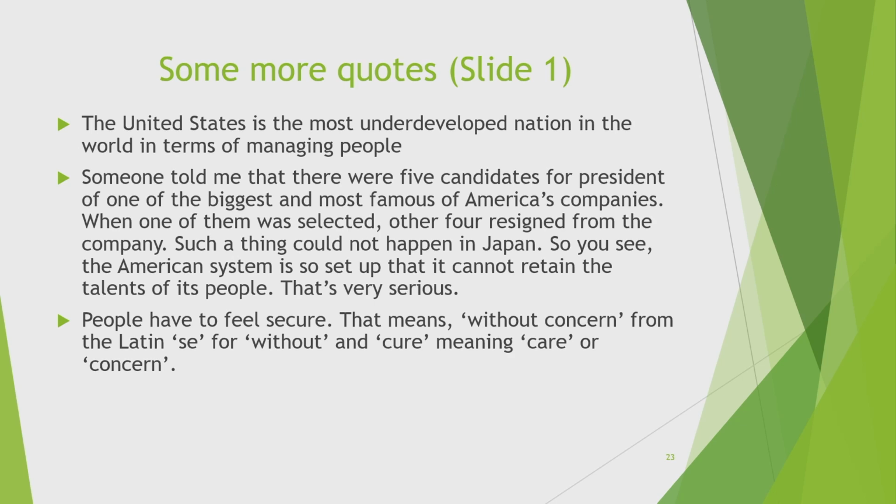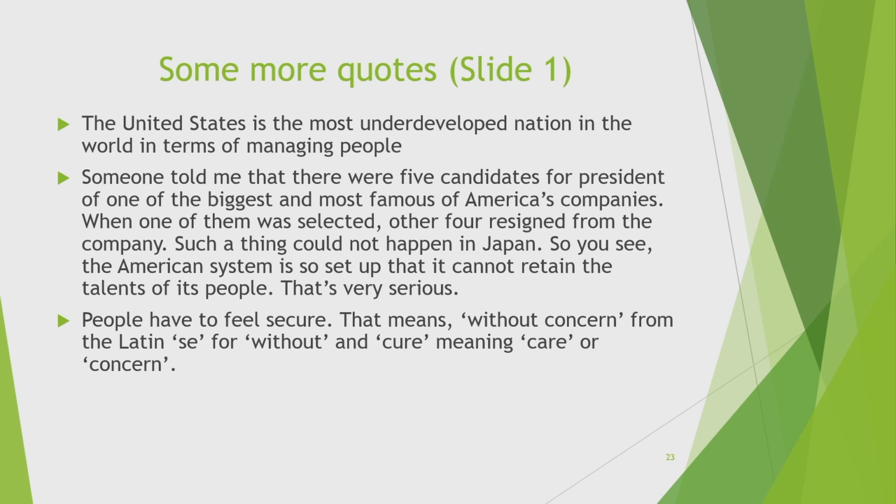Then he also said the United States is the most underdeveloped nation in the world in terms of managing people. He was critical of the American HR system, where we just throw people out based on performance. Someone told me that there were 5 candidates for president of one of the biggest and most famous of America's companies. When one of them was selected, the other 4 resigned from the company.